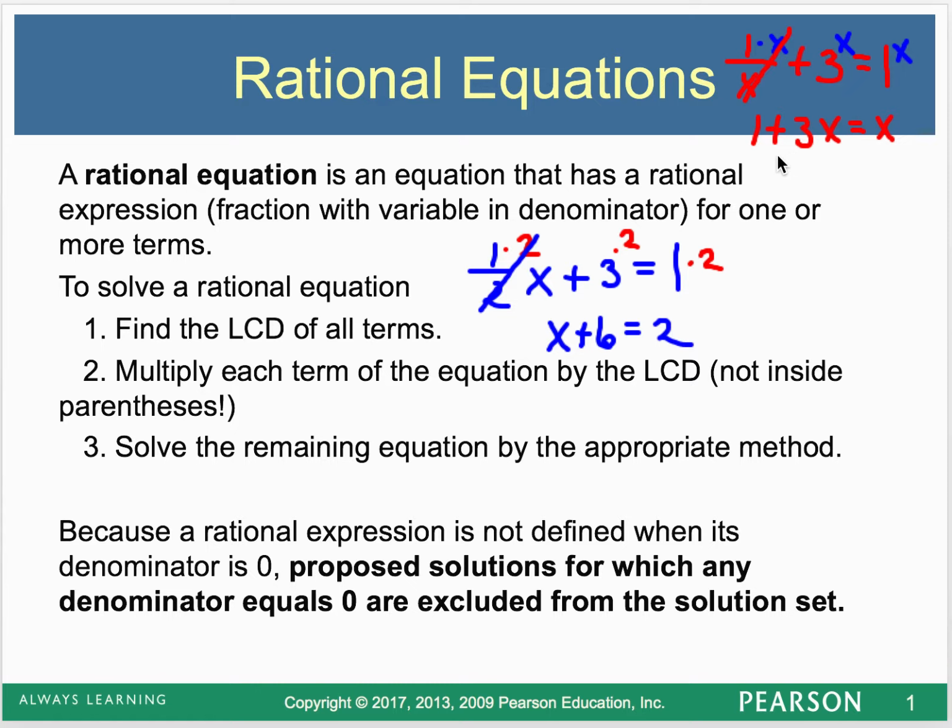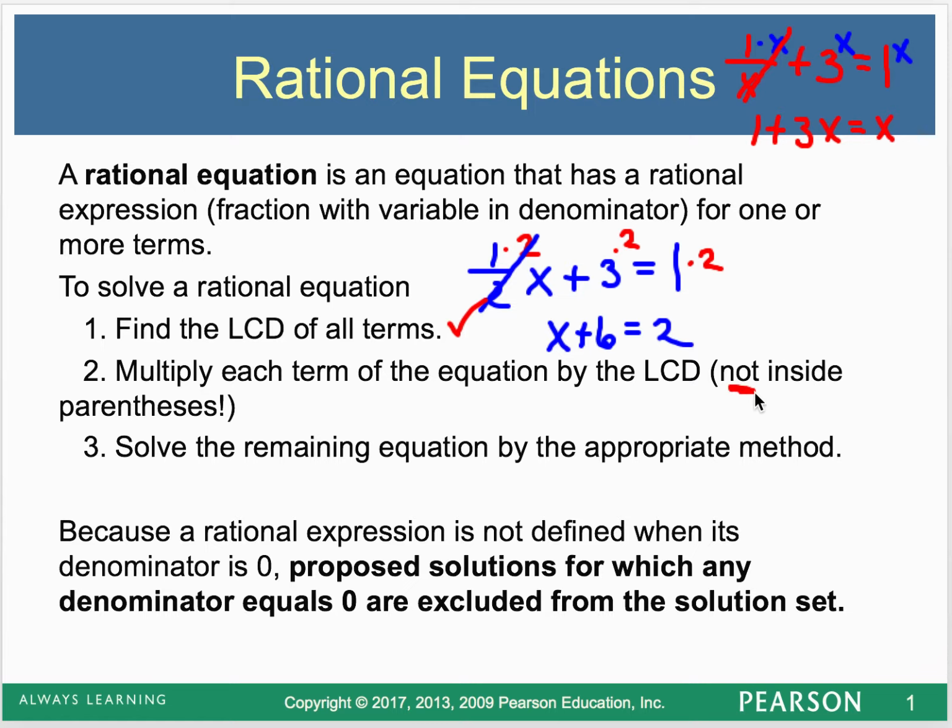So if we have a rational equation, which means it's going to have fractions where there are variables in the denominator, all I'm going to do is get rid of that denominator. To get rid of the denominator, we need to find the least common denominator of all terms. We need to talk about that. We're going to multiply each term by that least common denominator, which we just showed up there.